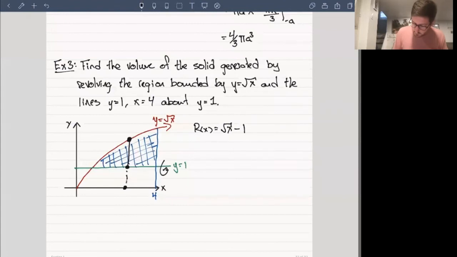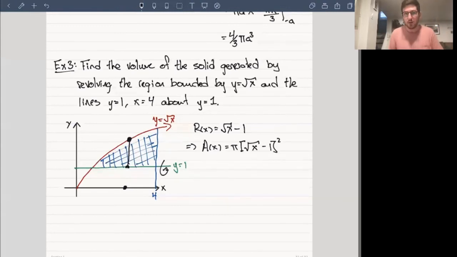But in our case, we're starting at y equal to 1, so we want to break off this negative space right down here. So that tells us that our area function is equal to pi times the square root of x minus 1, all squared. Let's expand that out, make our lives a little easier. So x minus 2 root x plus 1.